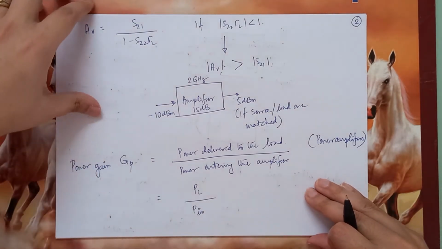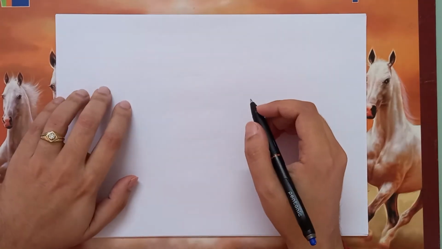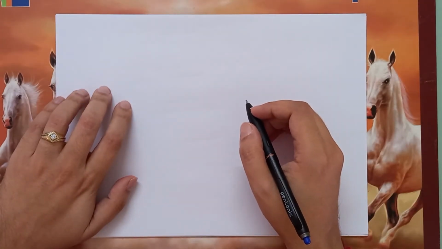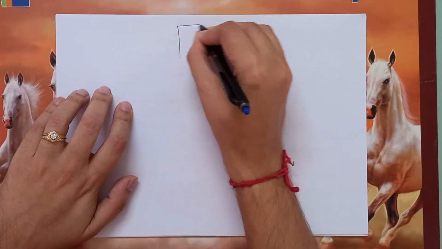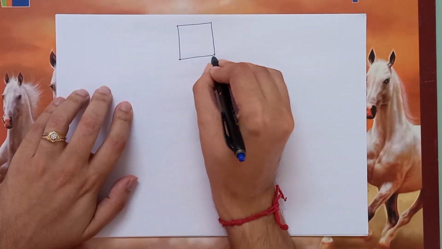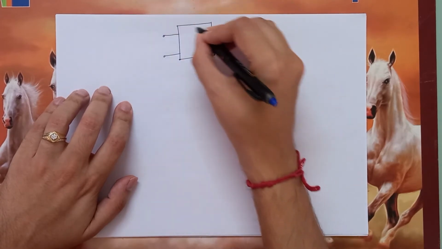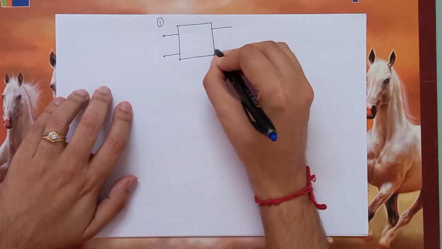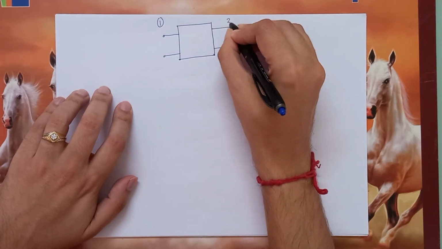Let us again go back to our depiction of the MMIC. Since we are concerned about the load and the power entering, we are not bothered with the source. This is port 1, this is port 2, and port 2 is connected to some load, that is ZL.